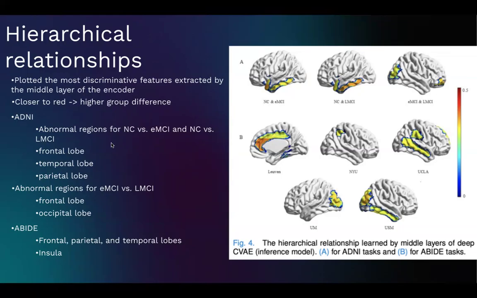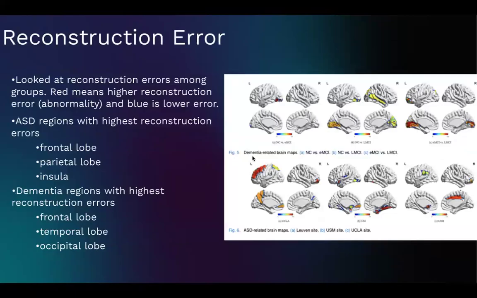And so another thing that they looked at was the reconstruction error. They mapped the entire data set to a latent representation, which is the adjacency matrix A. And then they used the average latent representation for each group to recreate the average reconstruction for each group back into the brain space.